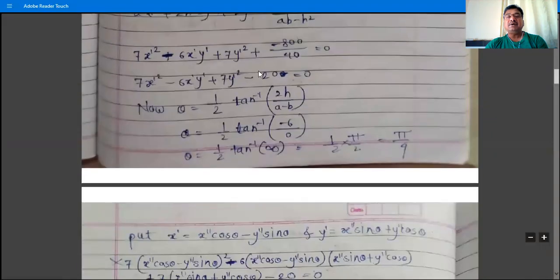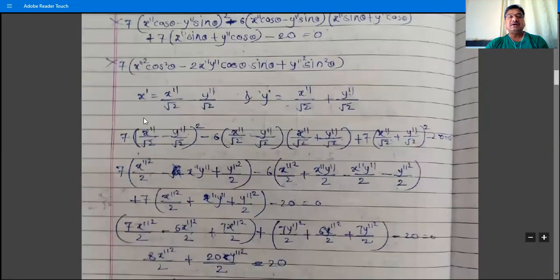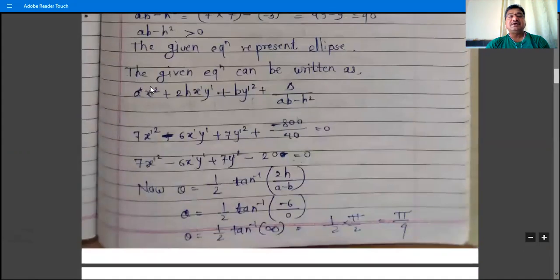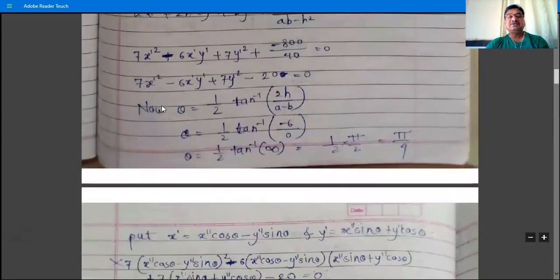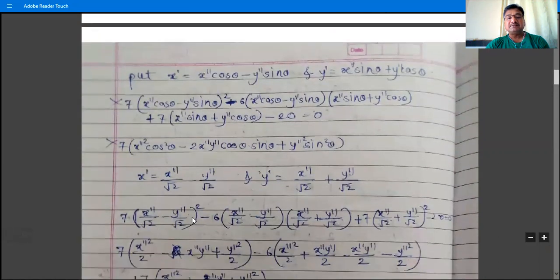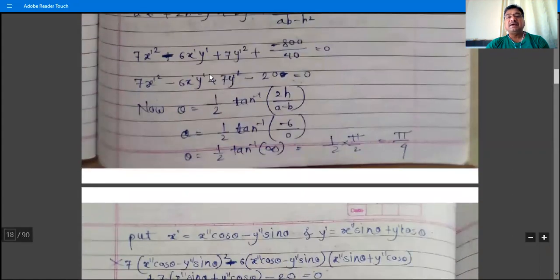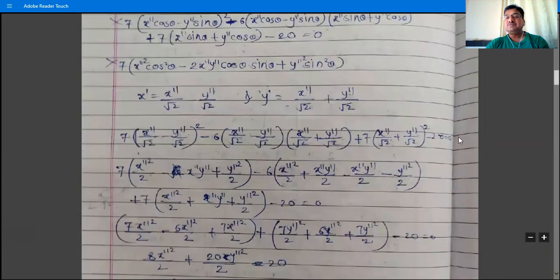And then this is equation number 2. This equation becomes, substituting x' and y' with these values: 7 into the bracket x'' by root 2 minus y'' by root 2, squared, minus 6 times x' into y', substituting the values, plus 7 y' square minus 20 is equal to 0.